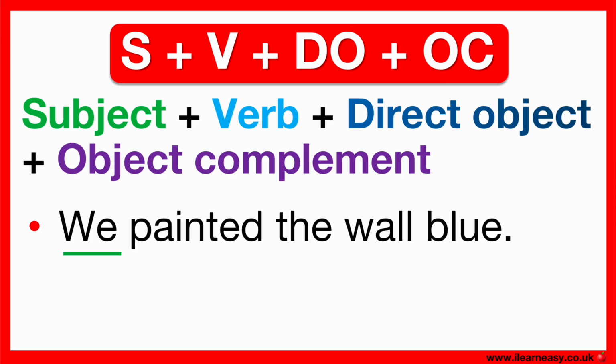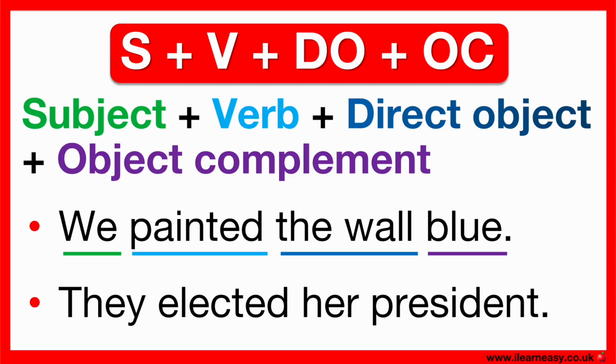The subject is we, the verb is painted, the direct object is the wall, and the object complement is blue. They elected her president. The subject is they, the verb is elected, the direct object is her, and the object complement is president.